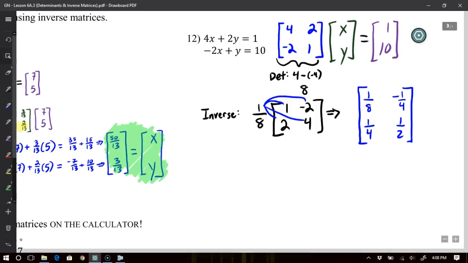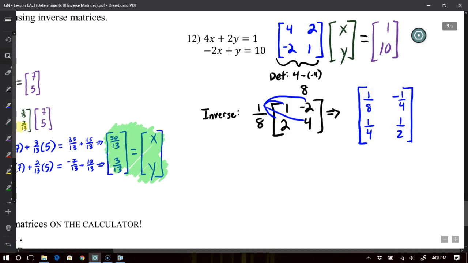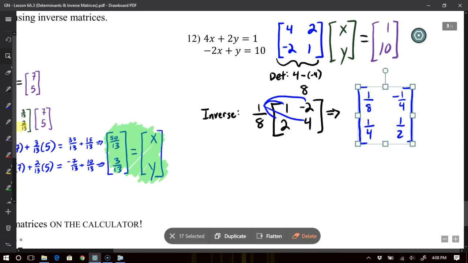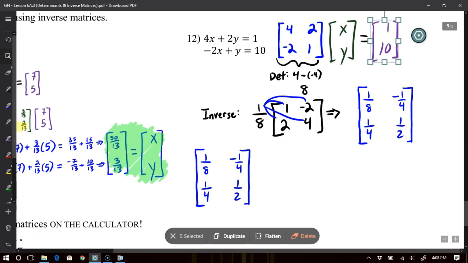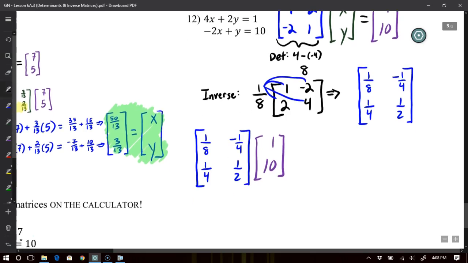I'm going to take this matrix and do multiplication with my answer matrix, which is 1, 10. So I'm going to multiply these together and we will end up with the values of the variables. Row to column. So 1/8 is going to go to the 1, negative 1/4 is going to go to the 10.